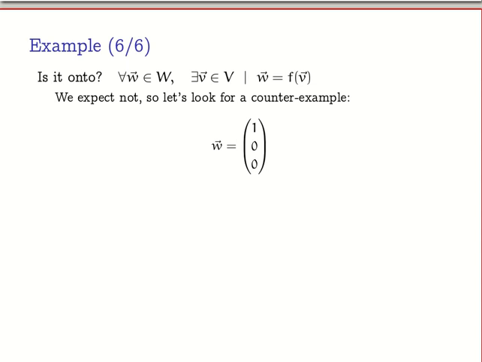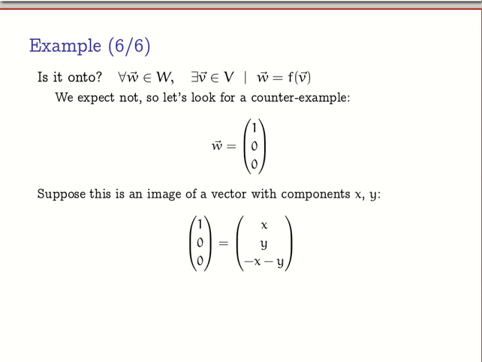So it's not going to be onto, and we just need to look for a counterexample. This is the counterexample we're choosing. We're not going to prove this; we're going to show it's not true. We have to show that if it is an image of an arbitrary vector, we're going to get a contradiction.